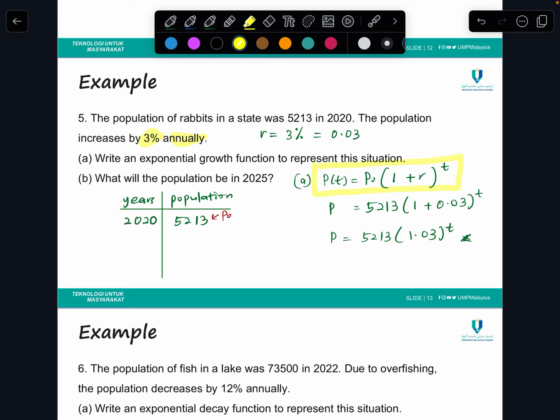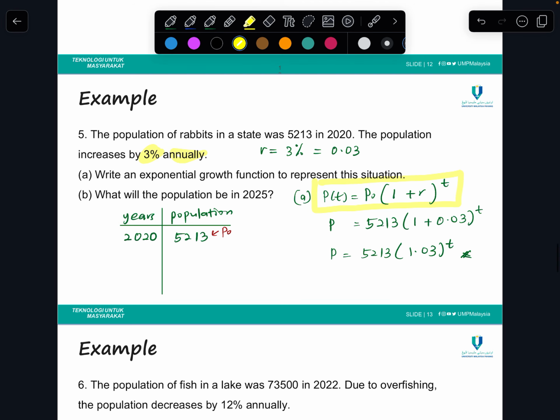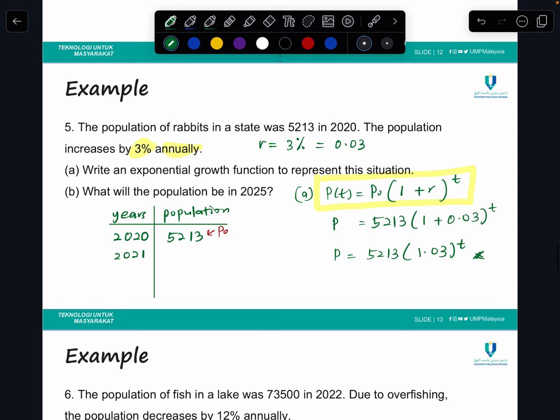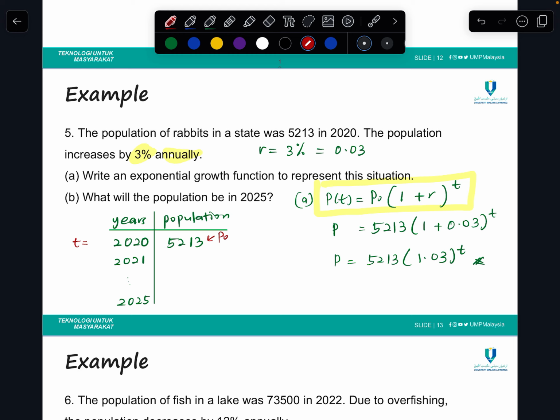Now question B, what will the population be in 2025? Now your table will be like this. After 2020, you have 2021, and then we want to know the value in 2025. Initially, 2020 is regarded as t equal to 0, 2021 as t equal to 1. And how about 2025?